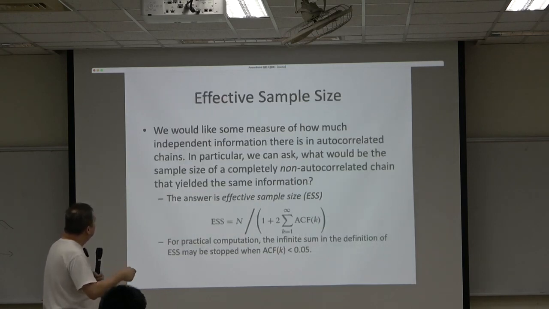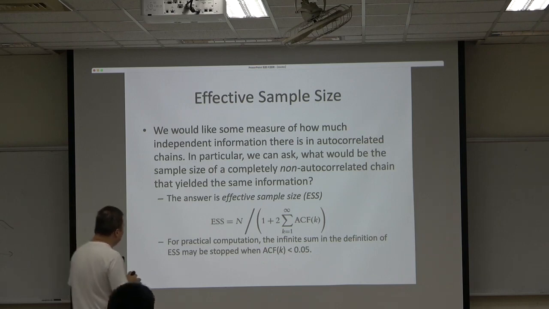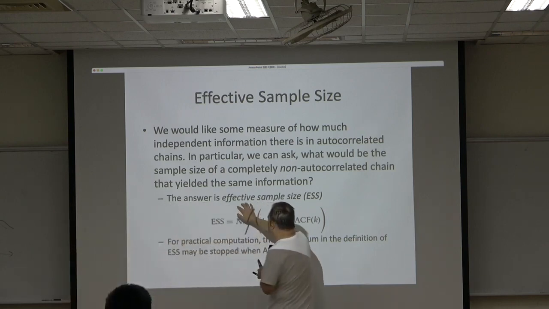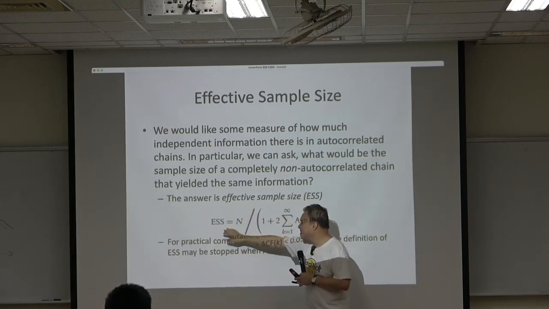So we would like some measure of how much independent information there is in autocorrelated chains. In particular, we can ask what would be the sample size of a completely non-autocorrelated chain that yielded the same information. This is how we define the effective sample size, the ESS.